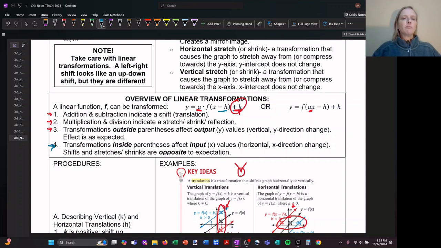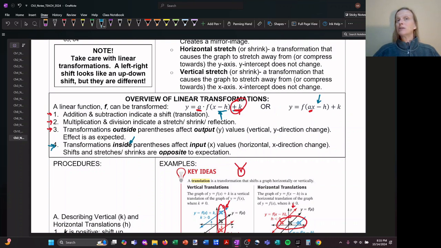Transformations that are inside parentheses often throw people because there is a built-in negative sign into this transformation. And so the change is opposite to what you expect it to be. If you see what looks like a negative number, it's actually a shift to the right.